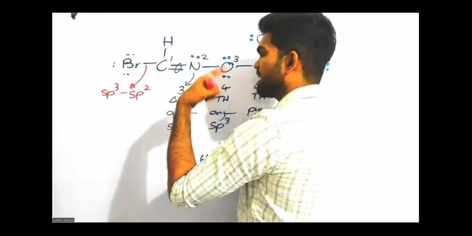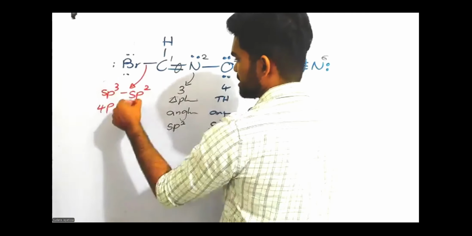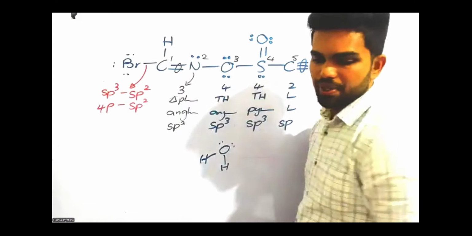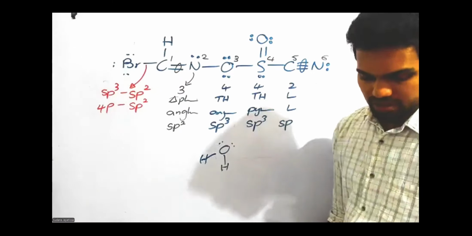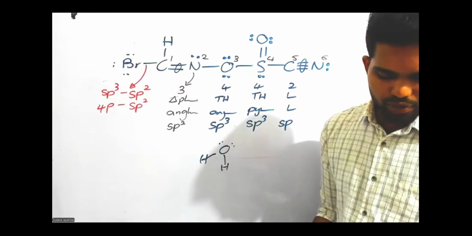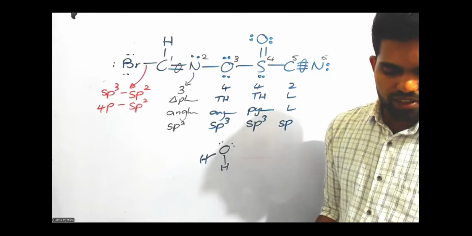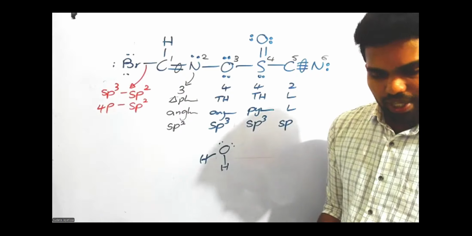If it is considered unhybridized, you can say it is 4p and sp2, not 2p or 3p. Okay, it is 4p because bromine is in the 4th period. Go to the periodic table and see. Bromine is in the 4th period, just under chlorine. Chlorine is in the 3rd period, so bromine will be in the 4th period.